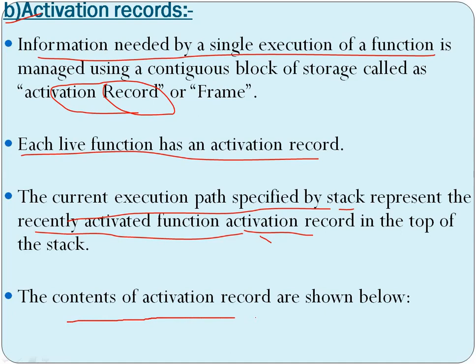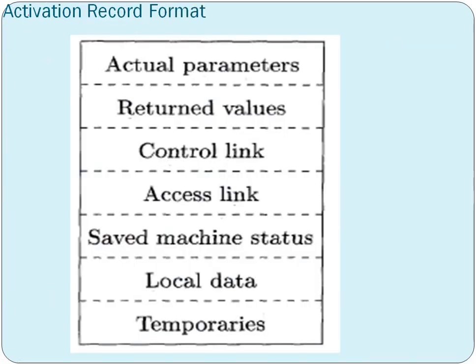The contents of an activation record may have the following fields: temporary variables, local data, saved machine status, access link, control link, returned values, actual parameters. Temporary variables hold the variables created during the manipulation of data values in the function code, called temporaries.